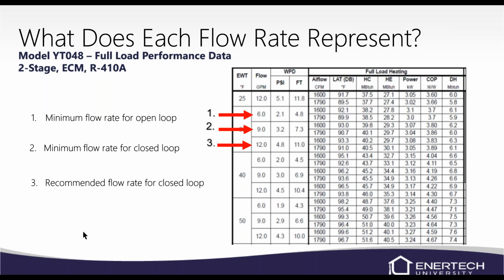That's what we're trying to move through the system. So 3 times 4 is 12. So the first flow rate is open loop. Second flow rate is minimum flow rate for a closed loop. And the third is the recommended closed loop flow rate. So 1.5, 2.25, and 3 GPM.